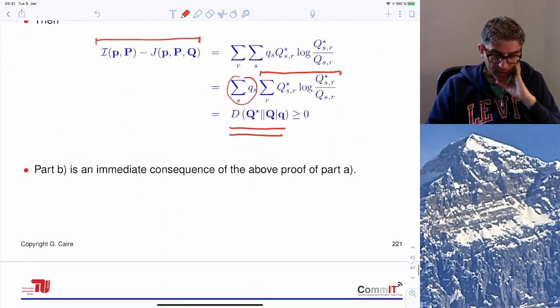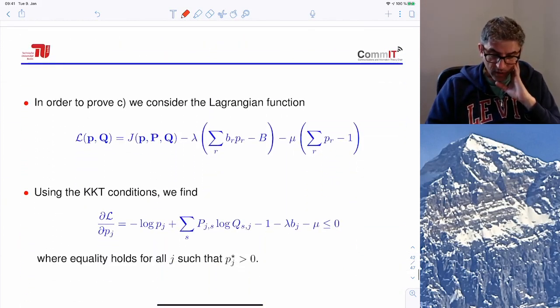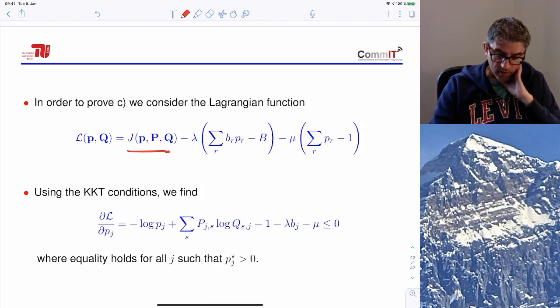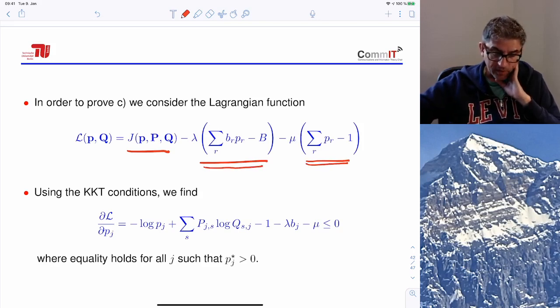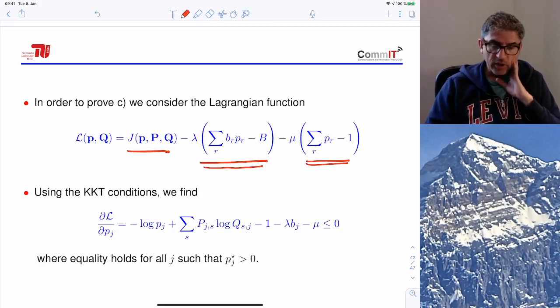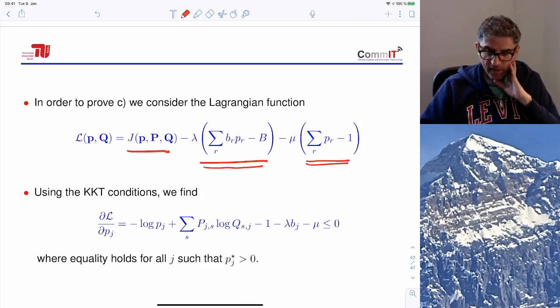In order to prove point C, we consider the Lagrangian function for our optimization problem. The Lagrangian function has the objective function minus lambda times the constraint for the cost, minus another Lagrangian multiplier mu times the constraint that the sum is 1, and then we have the non-negativity constraint that we treat using the KKT conditions, as I already explained.